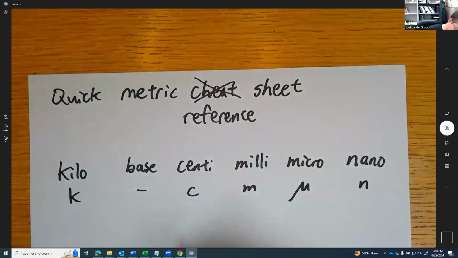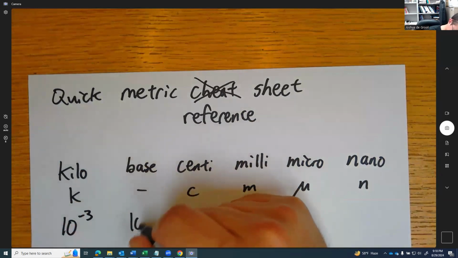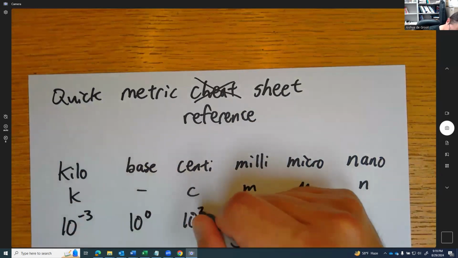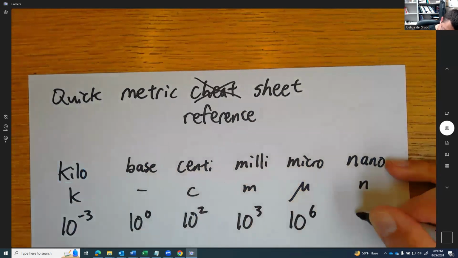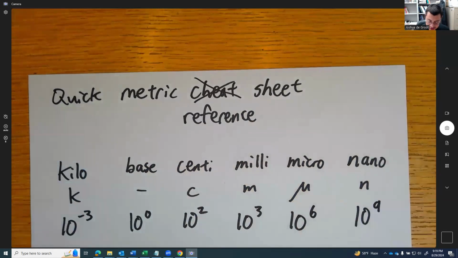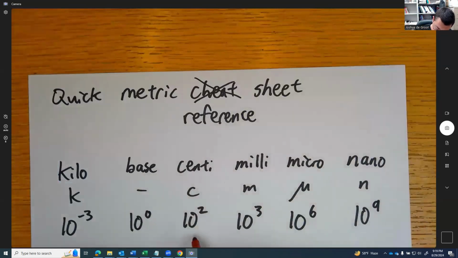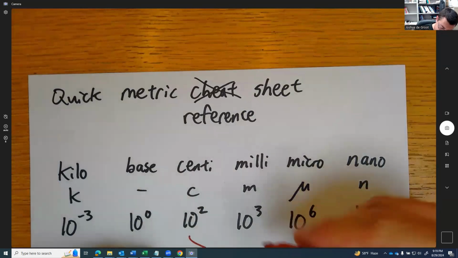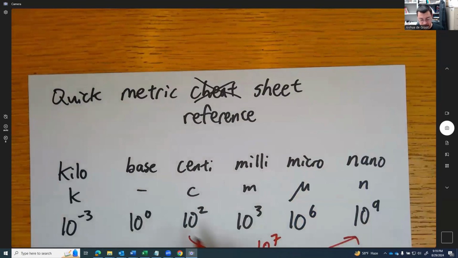And then you just write out powers of 10. And then you can just see going from centi to nano that we have a 10 to the 7 power difference, between the 9 and the 2.